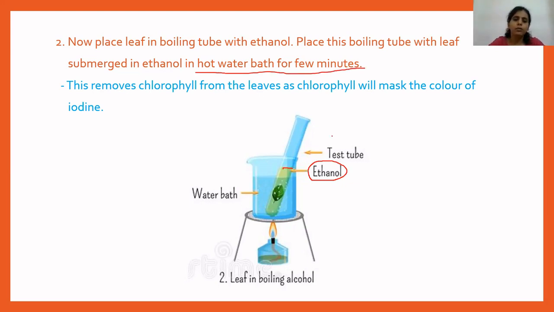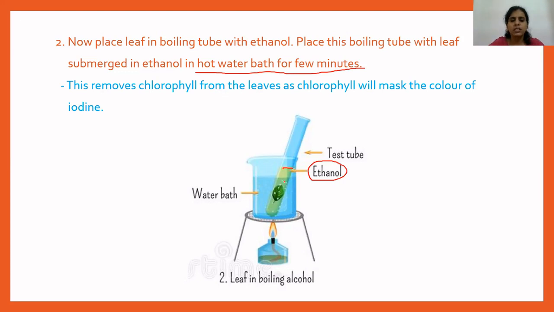Now what happens after boiling it for a few minutes in the ethanol? You will see that the leaf becomes pale yellow in color, or the leaf gets decolorized, and the entire chlorophyll of the leaf gets released into the ethanol.